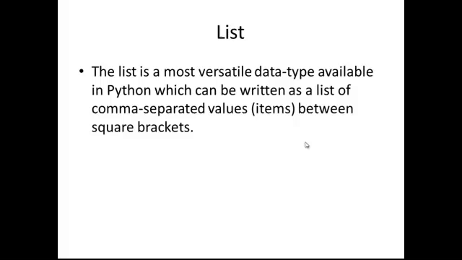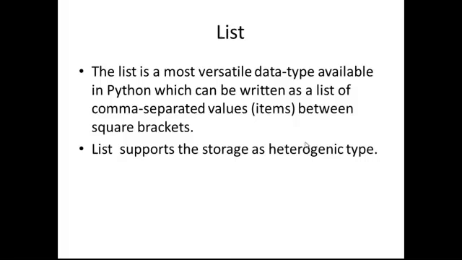Let us discuss another type of collection, the list. It is a versatile data type of Python. The elements of a list are separated by commas, and the values of the collection are stored in square brackets.